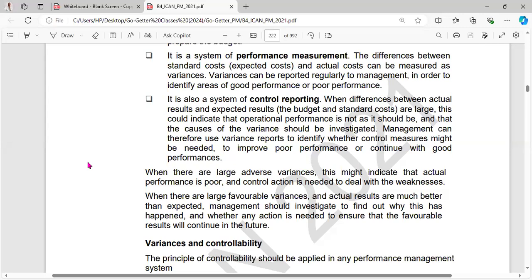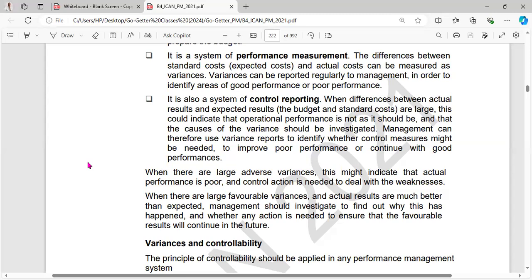So when there are large adverse variances, this might indicate that performance is poor and they will need to take control action. It could be that the prices are also high. It will also indicate that performance is poor.